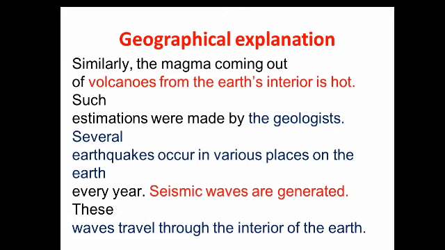Toward the center, the temperature is high; toward the surface, the temperature is low. Similarly, the magma coming out of volcanoes from the earth's interior is hot. Such estimations were made by geologists, because nobody can reach the center of the earth due to the high temperature.